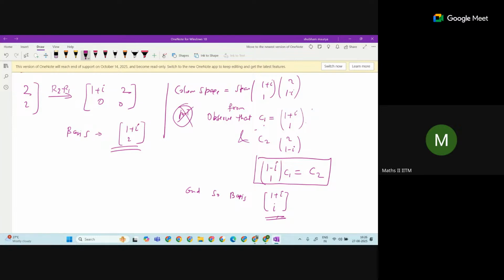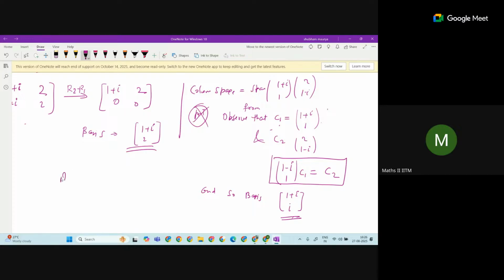Otherwise, what I generally do is the operations, but the observation itself tells you. It depends on you. It makes things clear that this is what it is, and so the basis is this one. You need to give the reason if you are writing in any subjective question. In any proof, if you do BSc mathematics, the reason is wanted.